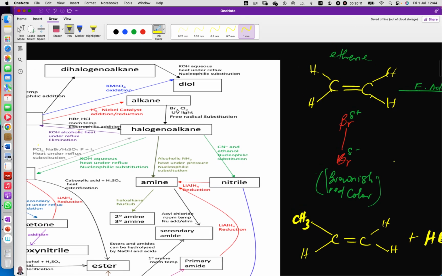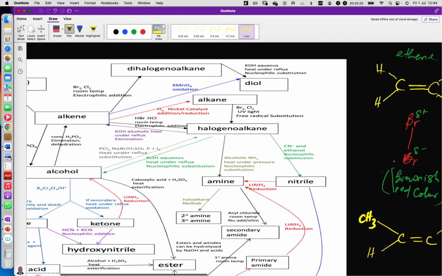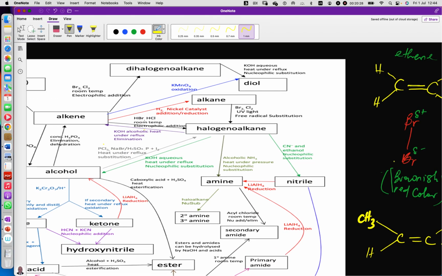So again, we are going to go to oxidation of alkene. Alkenes are oxidized to different products depending on the conditions. Alkene undergoes oxidation, and the oxidizing agent that we are going to use here is acidified potassium manganate 7.